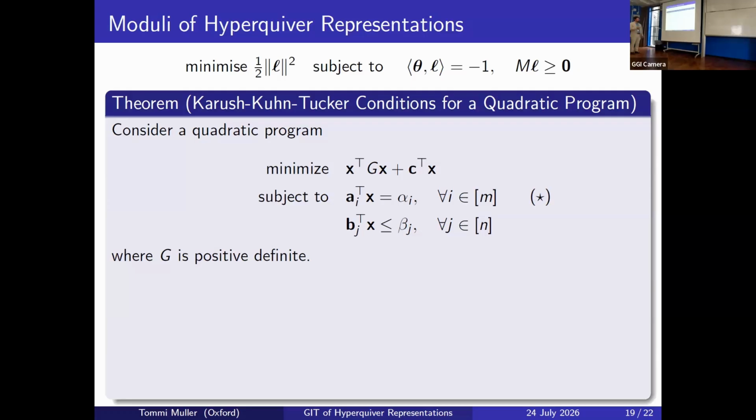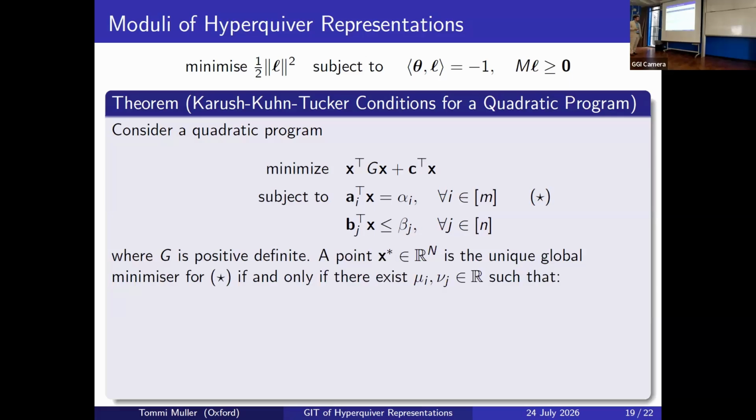There's a linear term, some set of equality and inequality constraints, and we assume G is positive definite. Then the point x star is the unique global minimizer for this quadratic program if and only if there exist mu i and mu j, which are called KKT multipliers, such that the following holds.